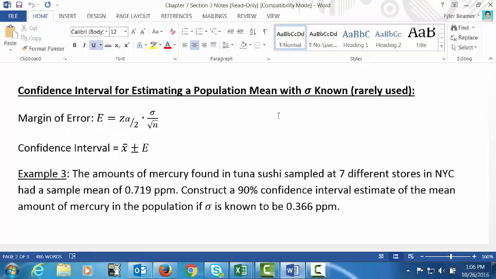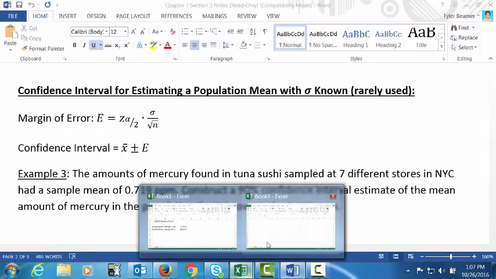Here is a particular problem involving that. The amounts of mercury found in tuna sushi sampled at 7 different stores in NYC had a sample mean of 0.719 parts per million. Construct a 90% confidence interval estimate of the mean amount of mercury in the population if sigma is known to be 0.366 parts per million.